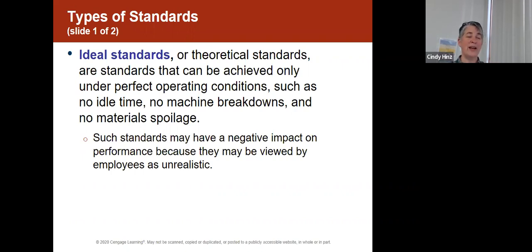But if we hold that out as the standard that we expect our workforce to meet, it's probably going to have the opposite impact of what we intend, because it's so impossible that it's going to be deflating. It's going to be demotivating.